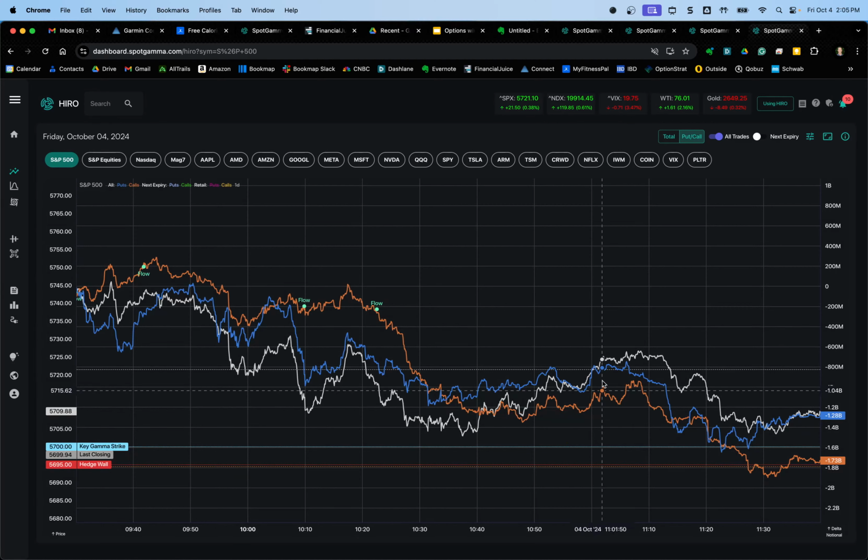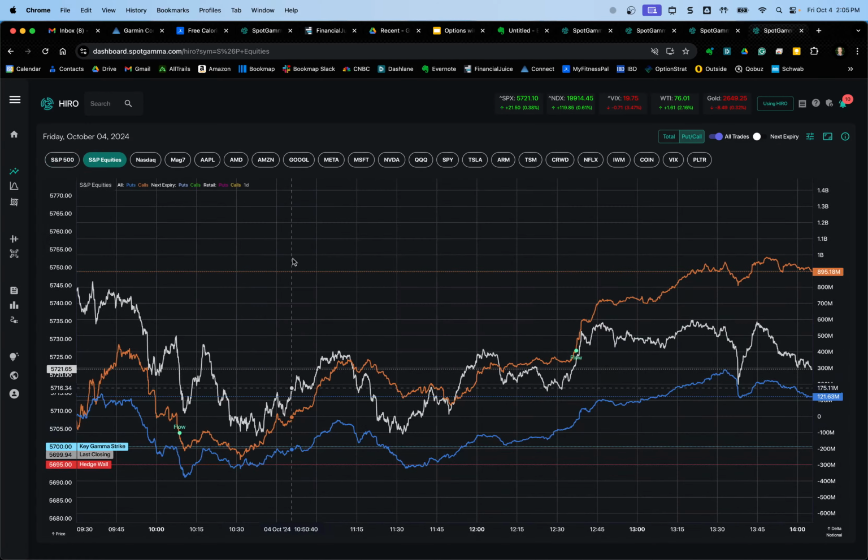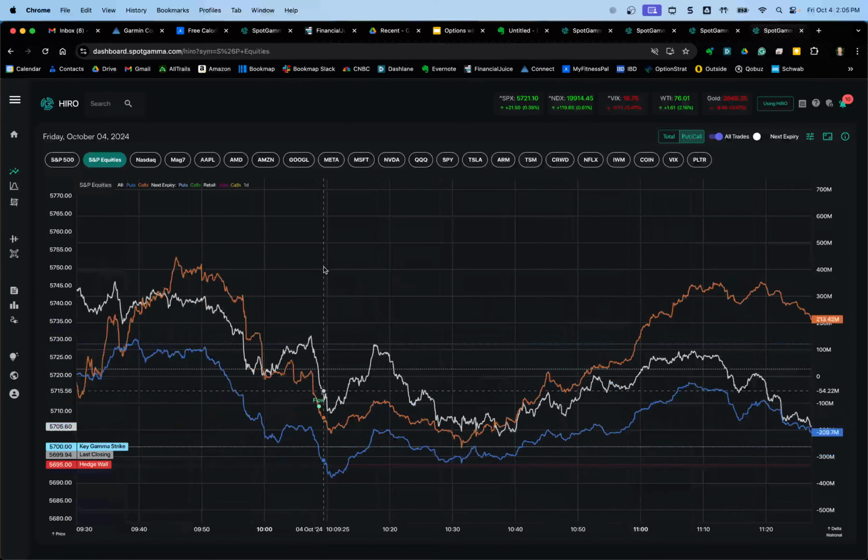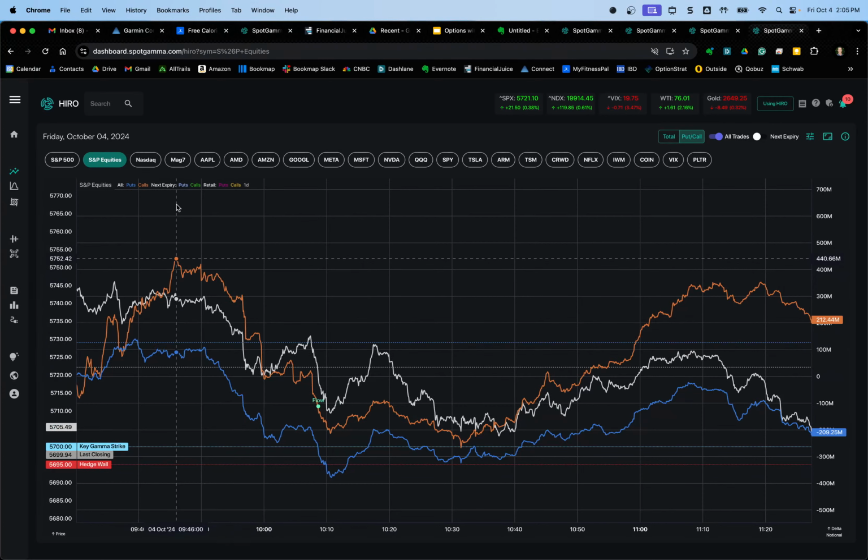Let's take a look at the equity signal now. Zoom in just a bit. All right, so for the equity signal, initially traders were aggressively buying calls. Very nice call peak here, right around 9:45. They started selling calls right around 9:50, started buying puts, price moved lower.